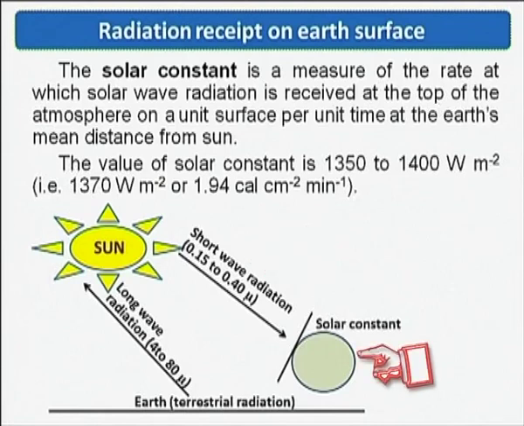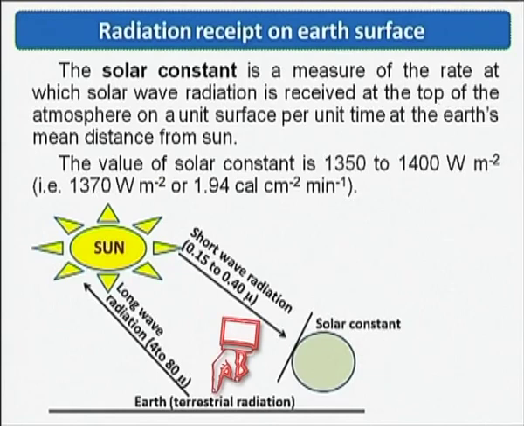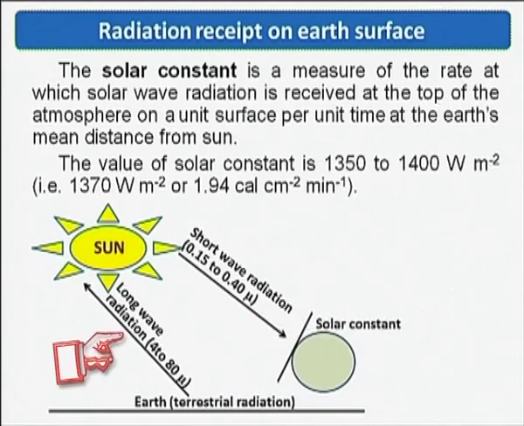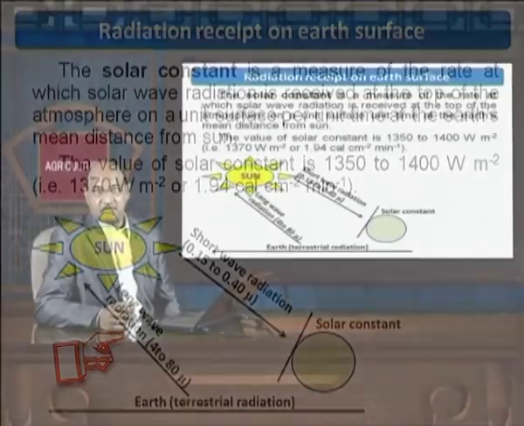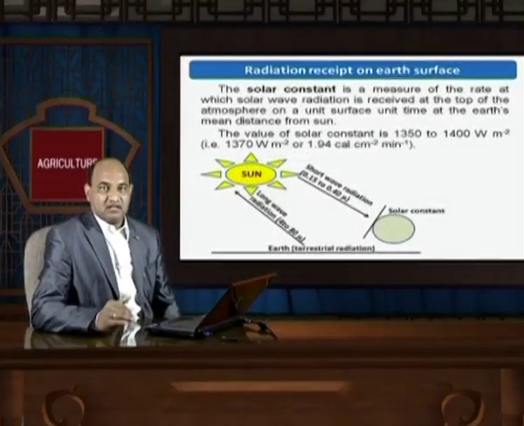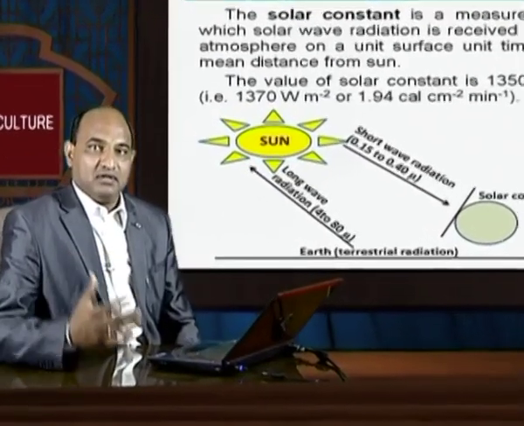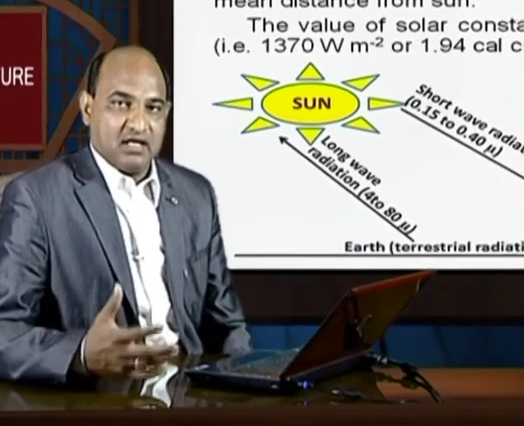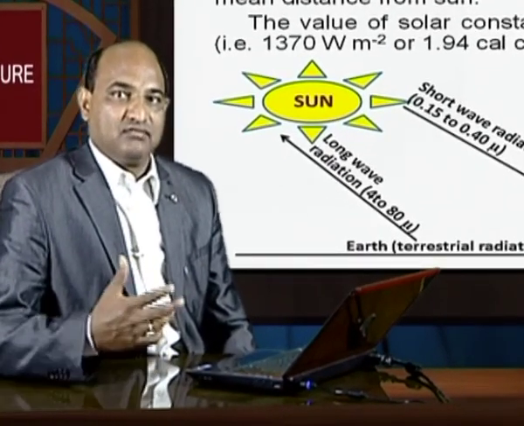That is known as the solar constant, and the value is 1.94 calorie per square centimeter per minute. But after coming on the Earth's surface, when the terrestrial radiation goes back to the sky, it is called long wave radiation. So in this part we have covered that radiation coming on the Earth's surface is returned to the sky again, and it is called long wave radiation.